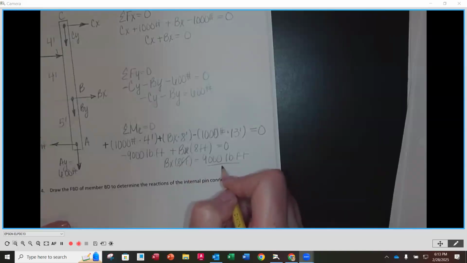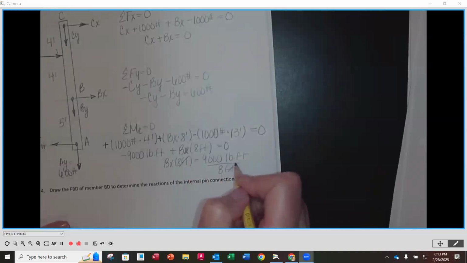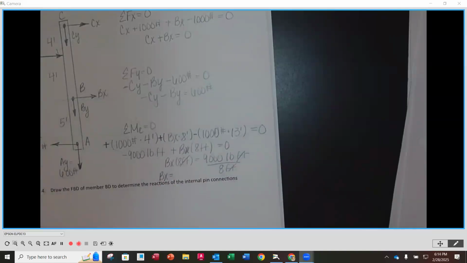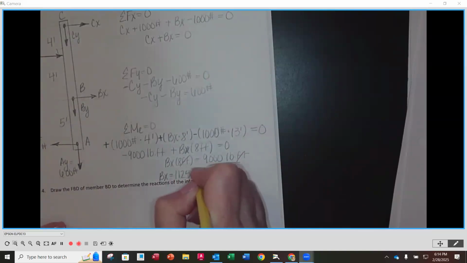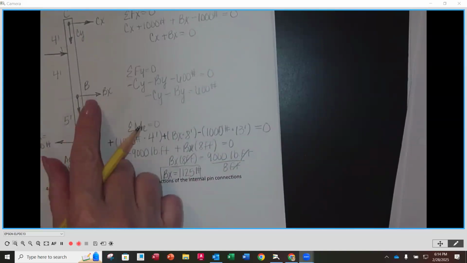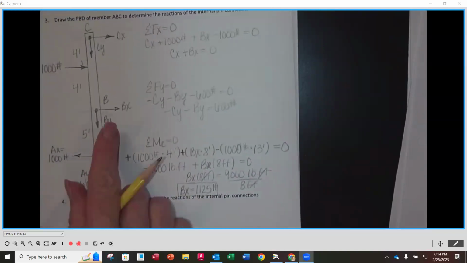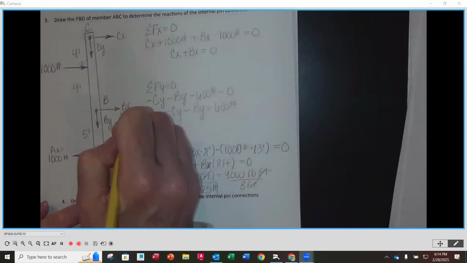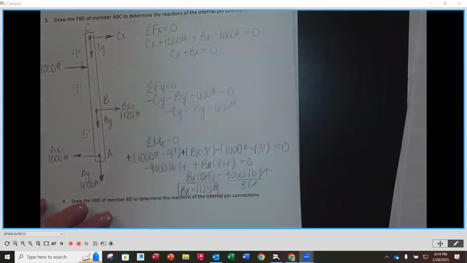I'm going to divide both sides by 8 feet. So my BX is 1,125 pounds. Now, you'll notice that we ended up with a positive value. That means the direction on member ABC for BX is correct. So it stays in that orientation, and this is going to be 1,125 pounds.